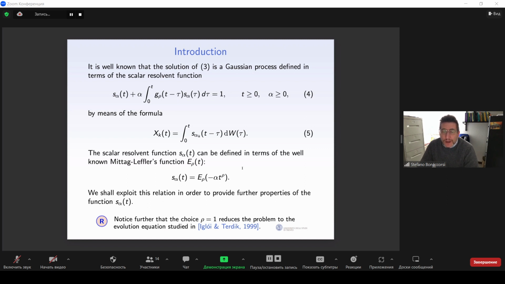And this is exactly an extension of the original paper, because if you take rho equal to 1, then it is known that the Mittag-Leffler function is the exponential function, and what you get is that S alpha is exactly the kernel that was seen in the previous formula about the Iglo-Tardik case.